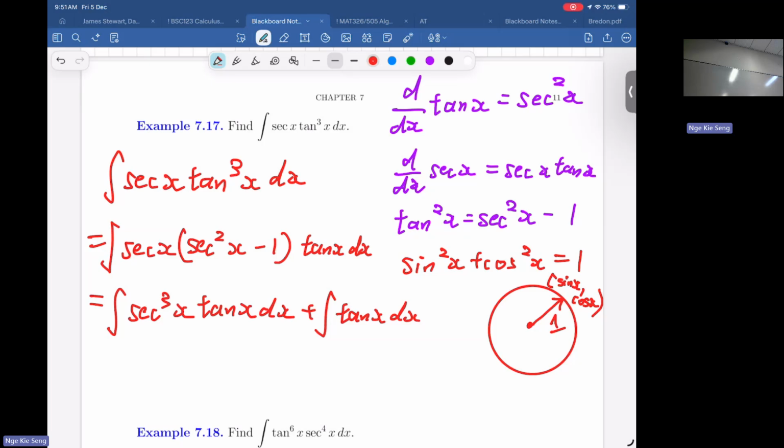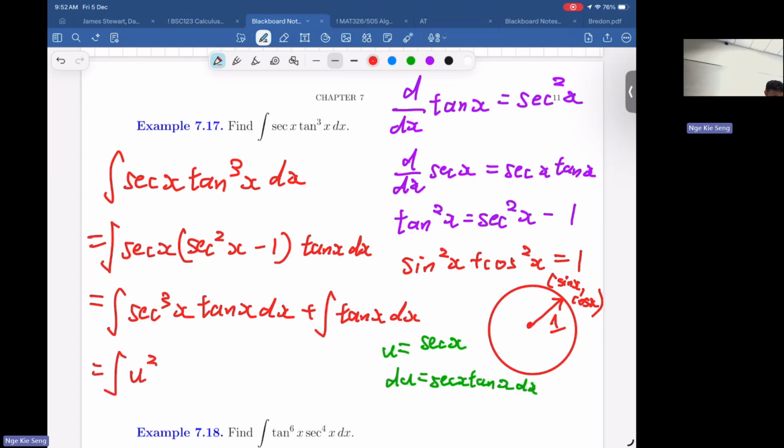When the derivative and the function itself appear together, this is a nice place where you can do substitution. So what sort of substitution are we going to do? Let u equal secant x, then du is secant x tangent x dx. So what do you get? You get the integral of u squared du. Very simple, a polynomial.